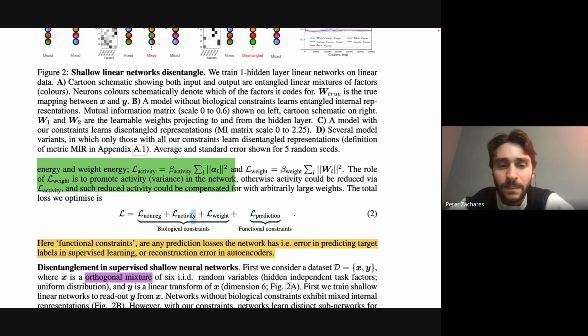Interestingly, I think it's really common, if we put ReLU instead of this non-negativity loss, and we take out the activity loss, we usually train our models with those constraints anyway: weight minimization, weight energy minimization, and also positivity. So it's already in there in our models.